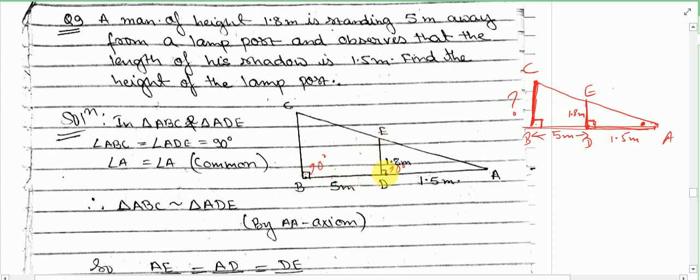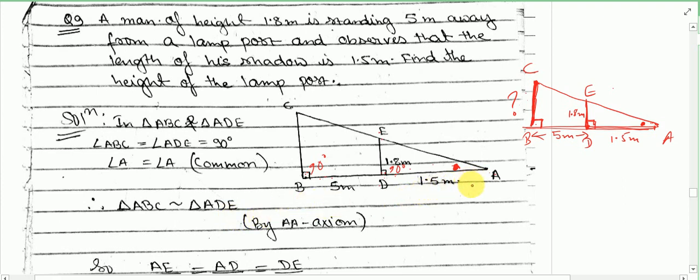Same when you are standing, you stand straight, so you are making 90 degrees with the plane, and this angle is common for both. Therefore two angles are equal for triangles ABC and ADE. So by the AAA axiom, angle angle angle, these two triangles are similar, so corresponding sides are proportional.